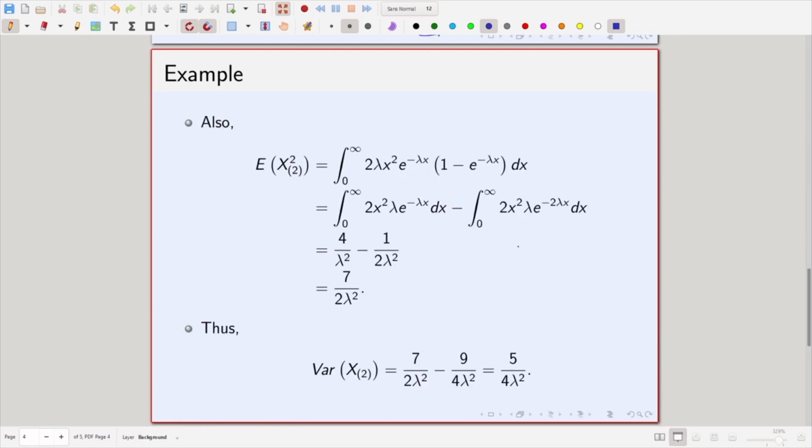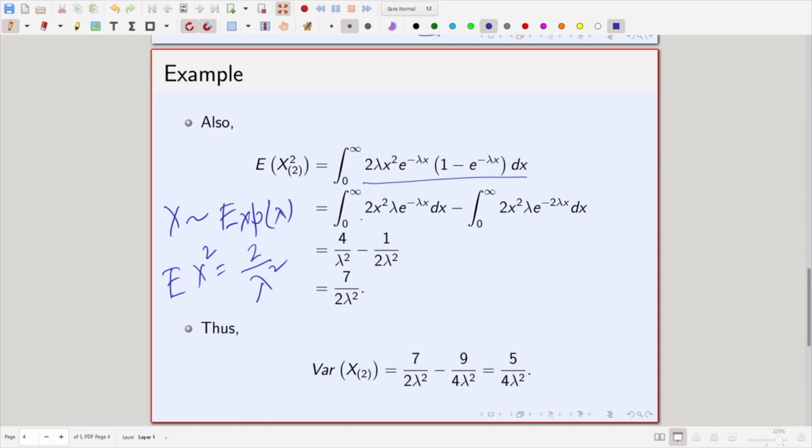Before finding the variance, we first find the second moment. Again, we need to calculate this because the density is what is given in the previous slide. Now, if x is exp lambda, then expectation of x square is given by 2 over lambda square. Again, this you can easily check. So we will use it here. Again, we break the integral.